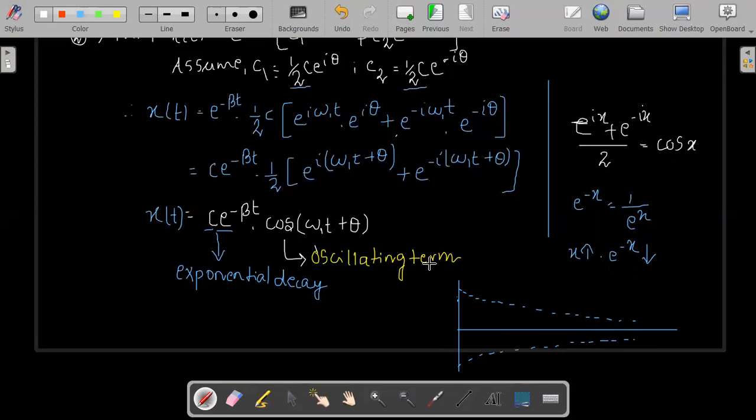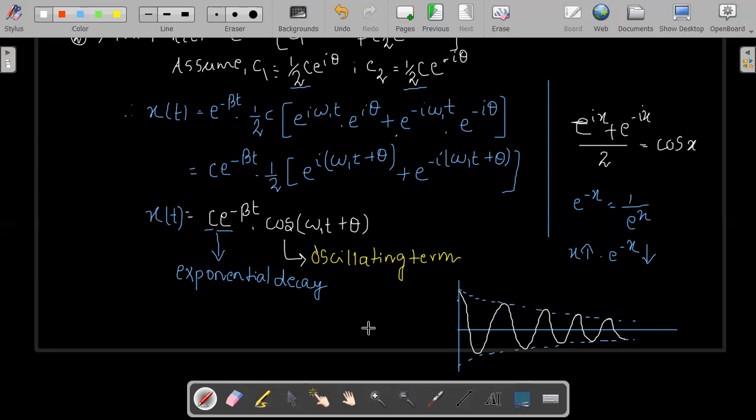So if you want to really plot the graph for this, even if you check it experimentally, it's a cos term, so it will start from the maximum point, 1, and then it's going to slowly reduce in amplitude. So this decay is the exponential decay that we have.